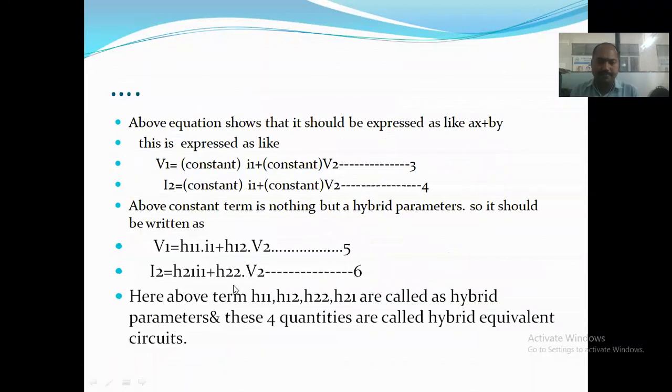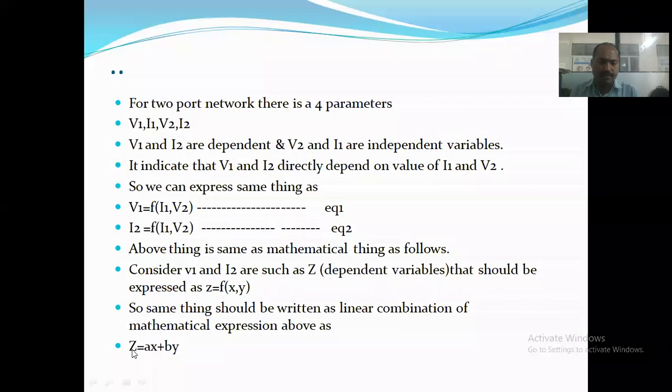So see, we know that your equation is Z is equal to AX plus BY, but basically Z is nothing but either phi1 or phi2, right?